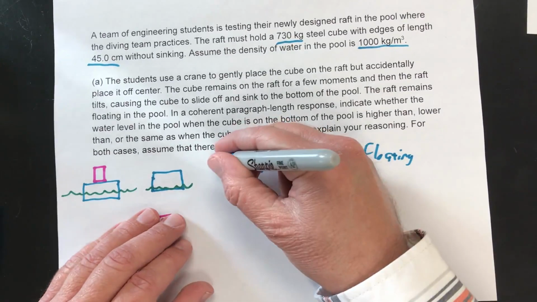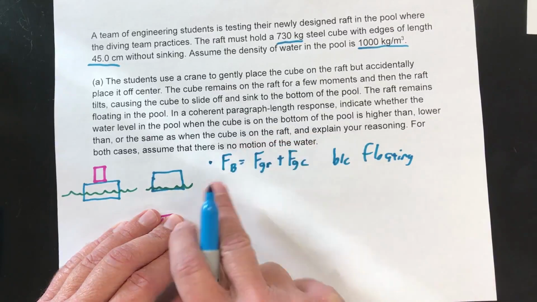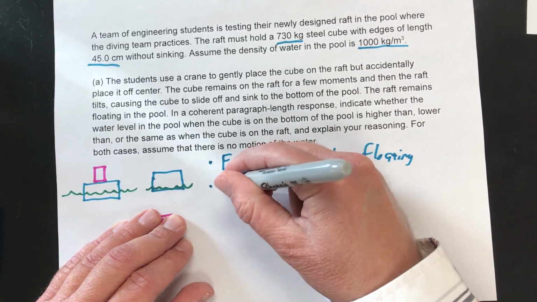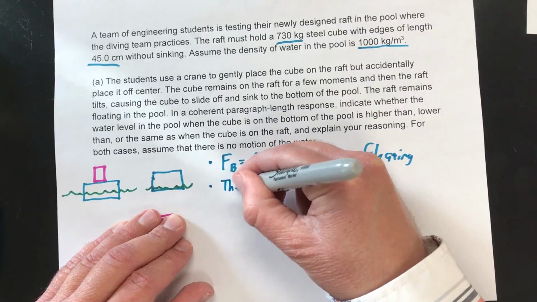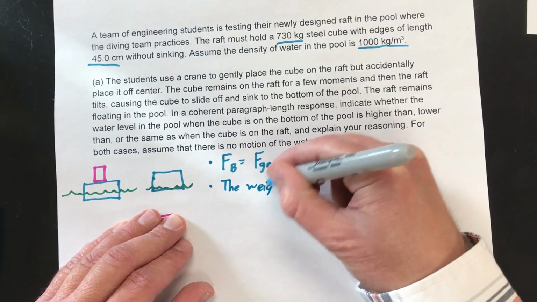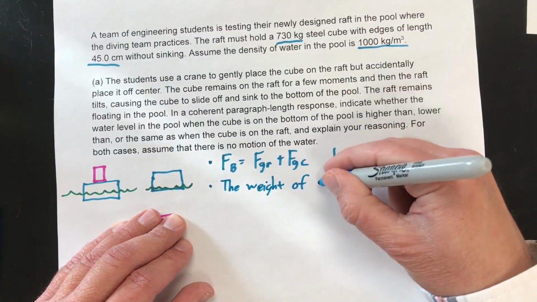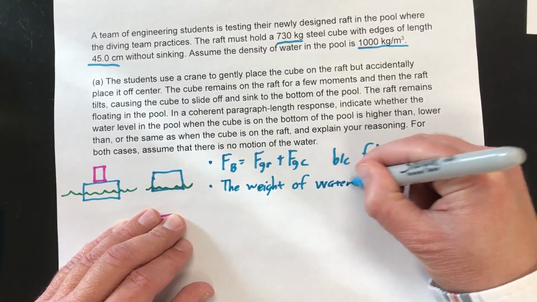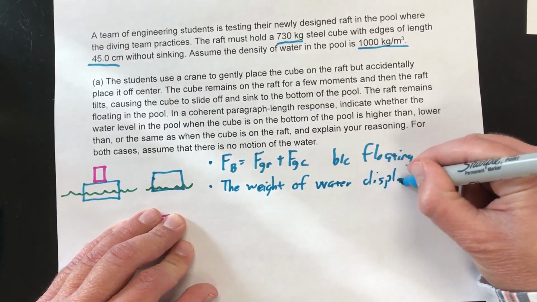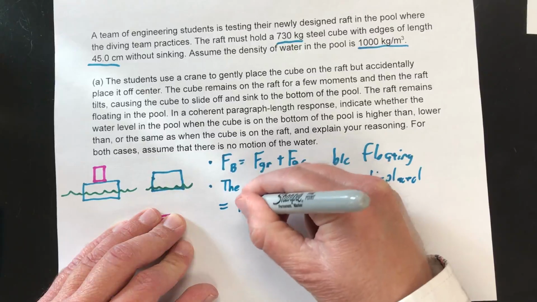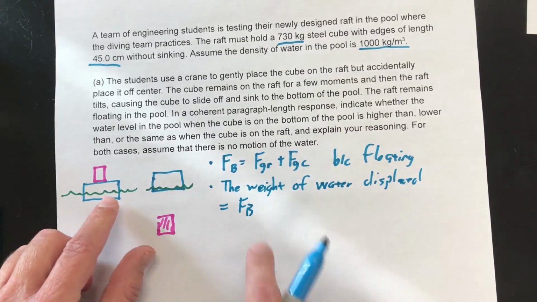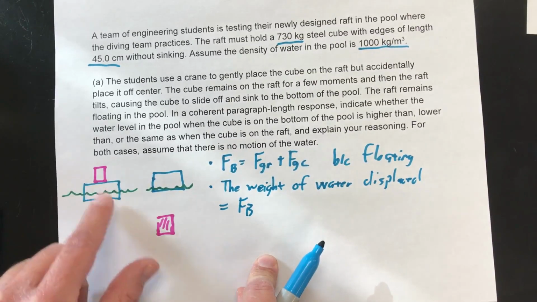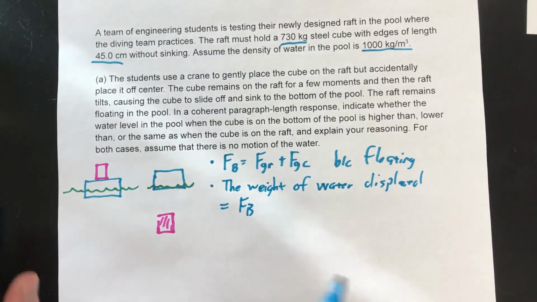So, another point here, let's talk about the displacement. Remember that Archimedes' principle says that the weight of the water displaced equals the buoyant force. So right now the weight of the water we're pushing out of the way is equal to the weight of both of those guys.